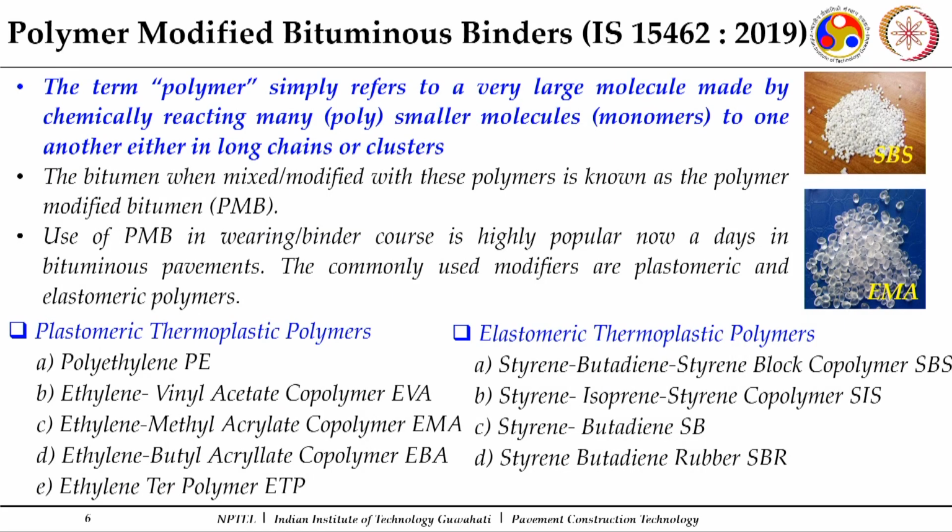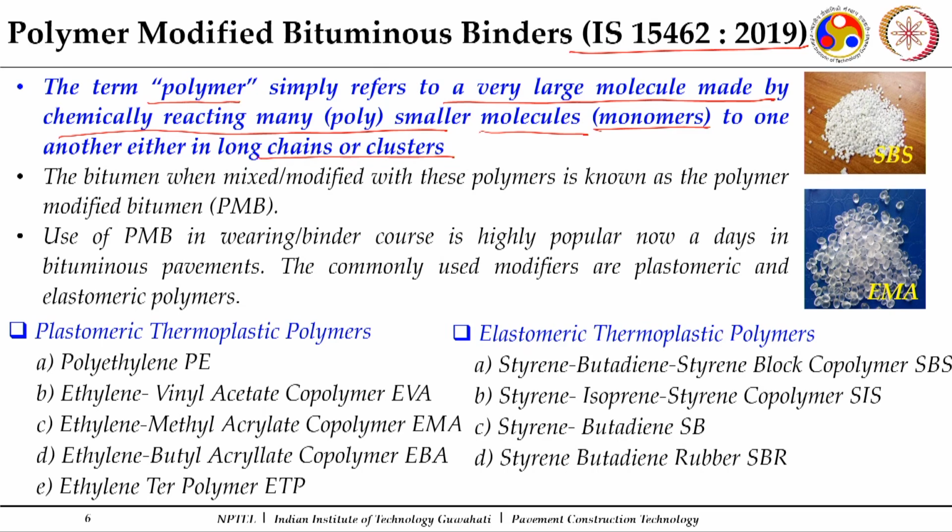The most common modification takes place with the use of polymers. The term polymer refers to a large molecule made up of many smaller molecules, called monomers, chemically reacting to form large chains and clusters. And we have an Indian standard, IS 15462, which defines the different characteristics of modified binder.